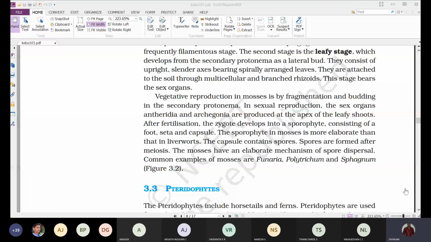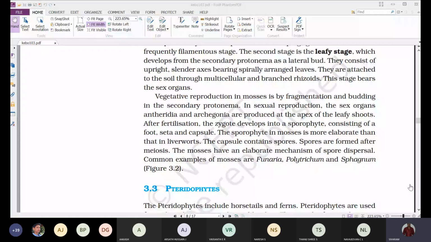Here you can see Funaria and Sphagnum. This is the Funaria, which represents the mosses, and this is the Sphagnum, a little more advanced among the mosses.